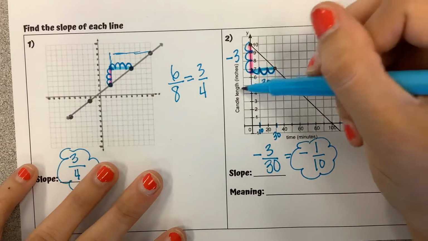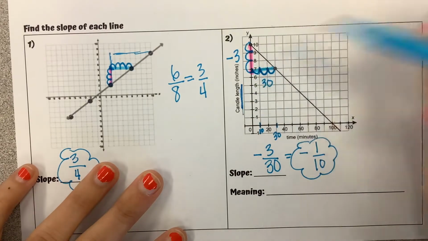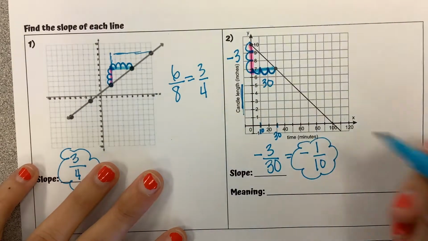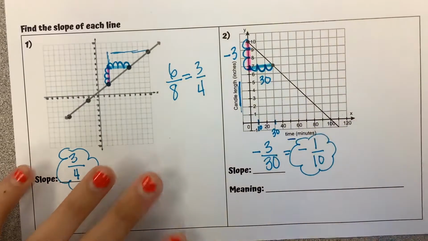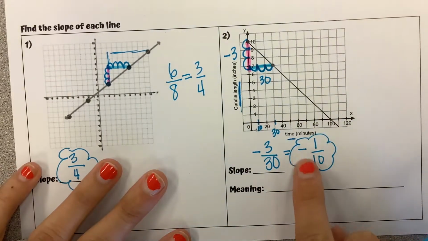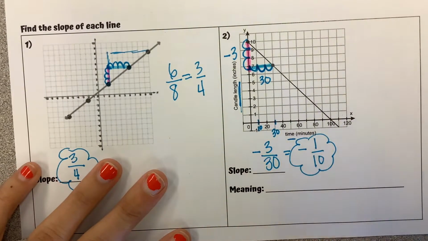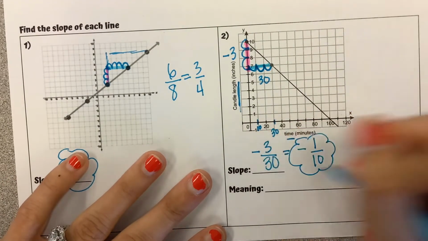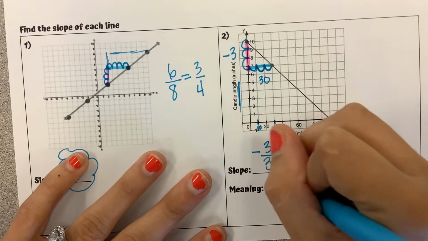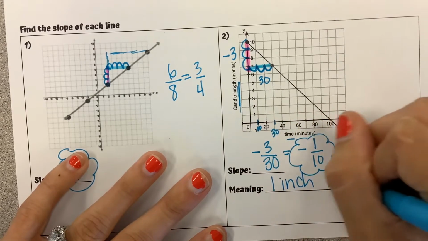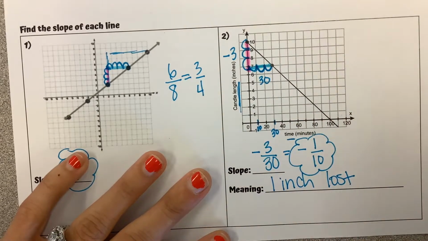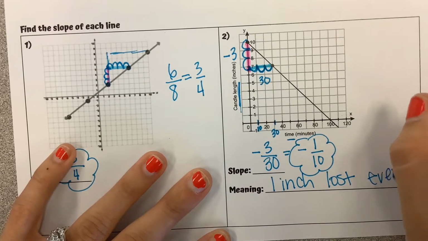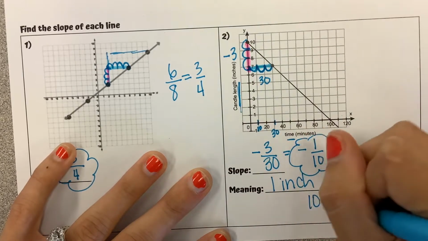Our y, which is on top, is talking about the candle length in inches. Our x, which is on the bottom, is talking about the time in minutes. So I can represent this negative by using the word decreasing. So it's losing, or 1 inch lost of the candle length, every 10 minutes.